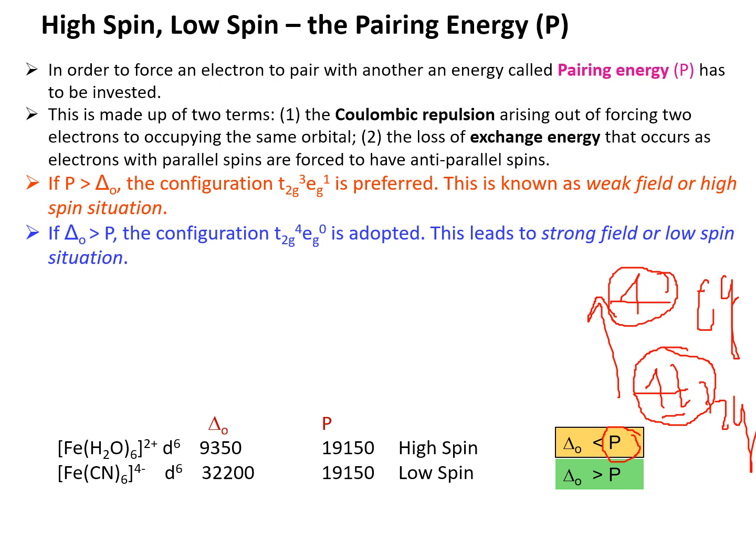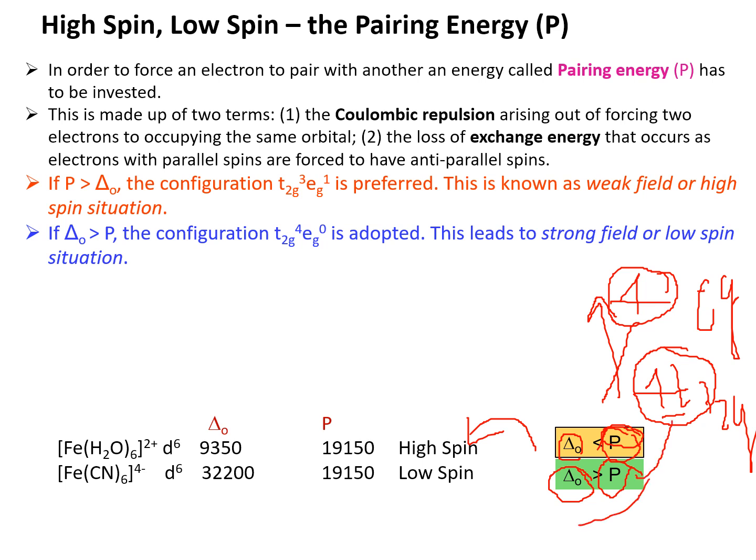The simplest way to say it: whichever takes less energy, it will prefer that. If the pairing energy is high compared to delta O, it will go to the higher energy level, so it will show high spin complexes. But if delta O is high, that means the electron has to overcome a very high energy from t2g to eg, higher than the pairing energy, so it will prefer to pair up here.